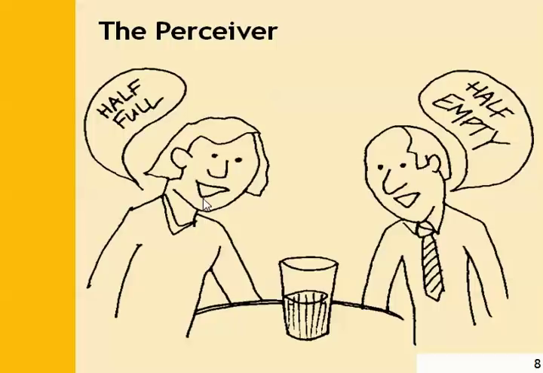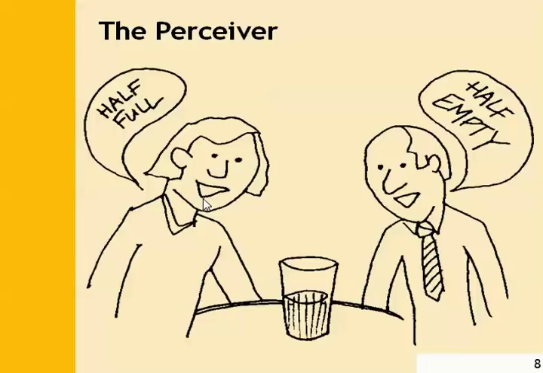The lady on the left could be optimistic because she has gone through many nice and good experiences throughout her life, which caused her to be an optimistic person, and her pleasant previous experiences caused her to perceive the glass of water as half full, while the one on the right could have gone through many bad experiences throughout his life that caused him to see the glass of water half empty.